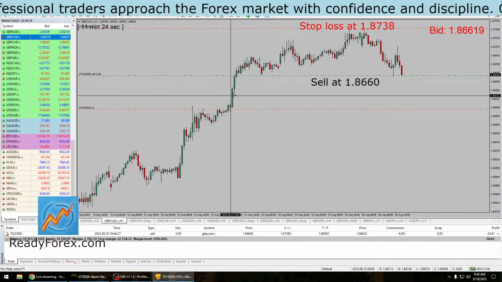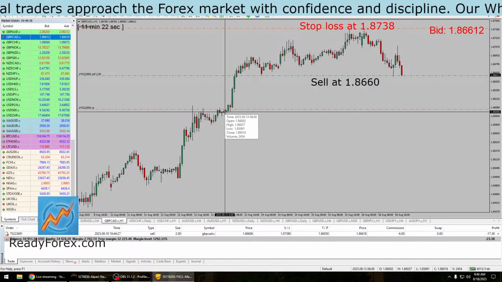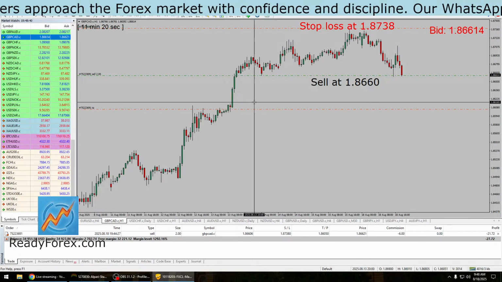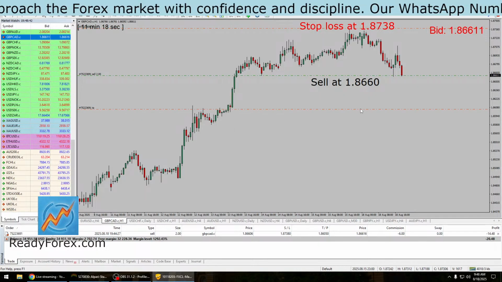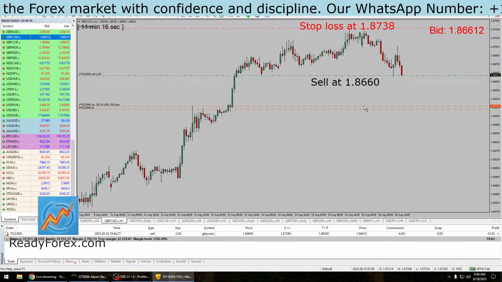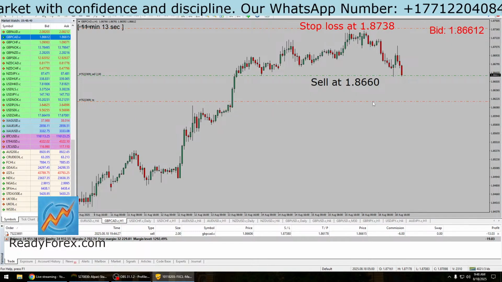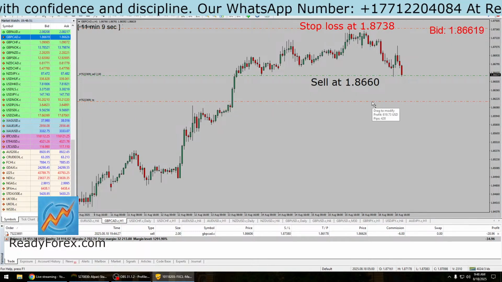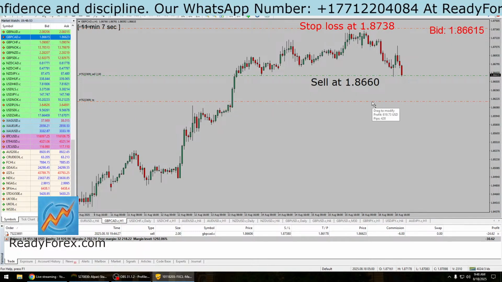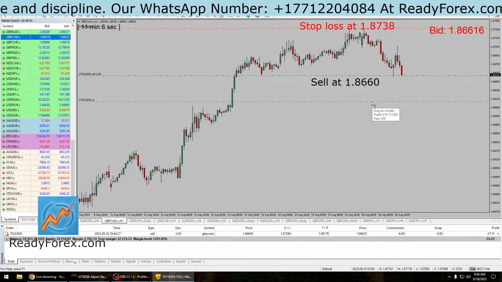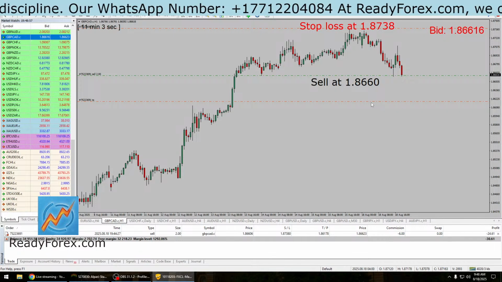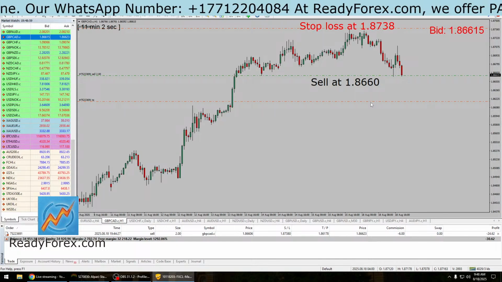There are some support levels over here, but one is down over here. I might exit a little bit early. Let me move this one a little bit higher, right at this area over here. And as soon as price action falls down more in my favor, a good idea is to always protect your trading capital.